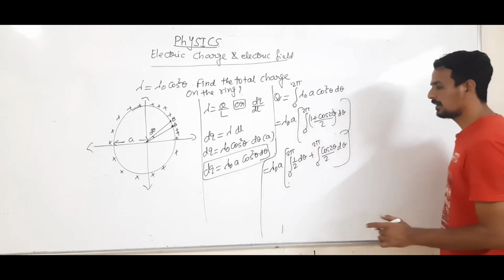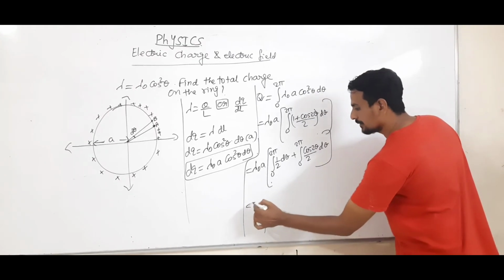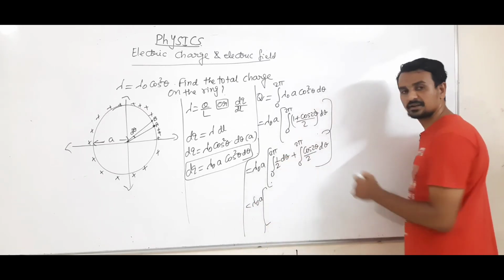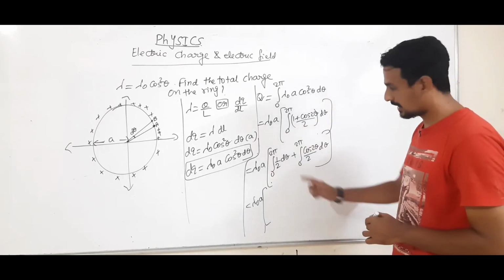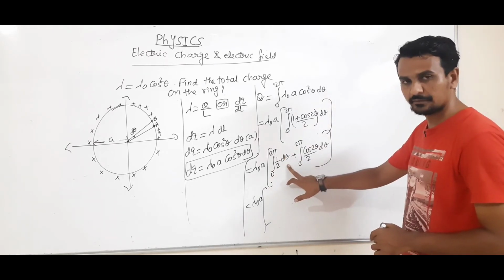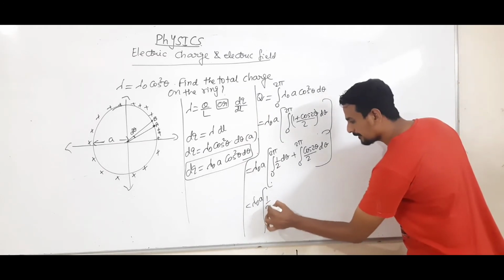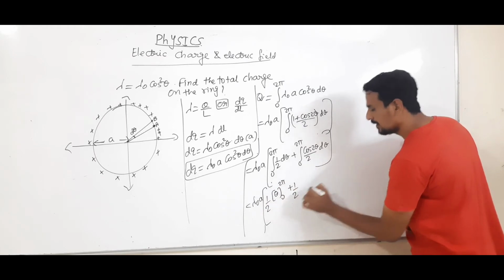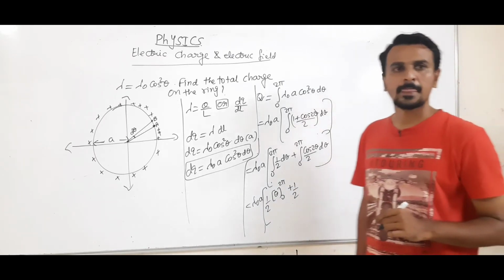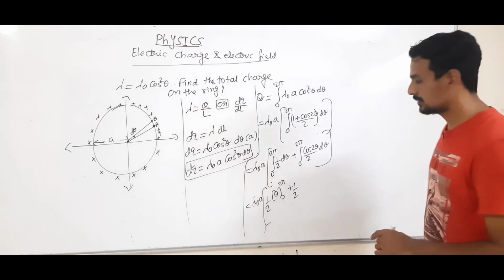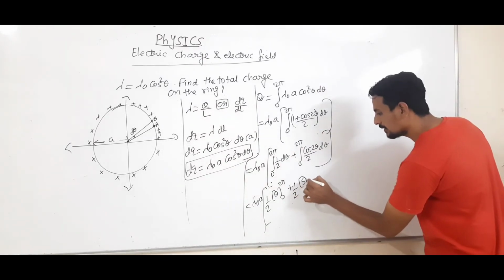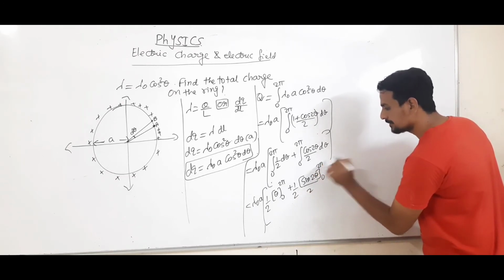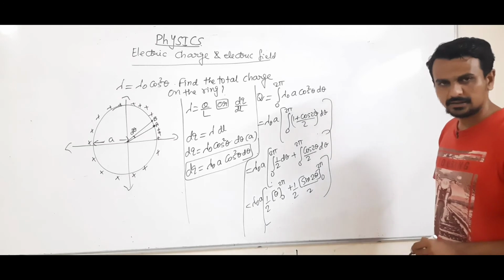Clear? Okay. So now this will be lambda 0 a bracket, half again can be taken outside the sign. Integration of d theta will be theta. So this will be 1 half theta from 0 to 2 pi, plus 1 half. What is integration of cos 2 theta? Sin 2 theta by 2. So this will be sin 2 theta by 2. Apply the limits. Okay. Clear? Fine.